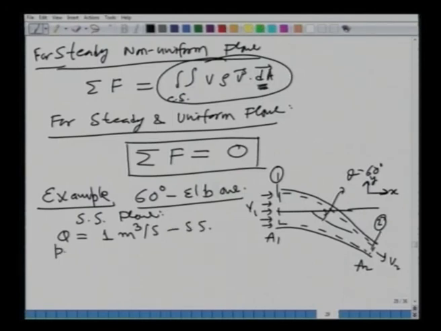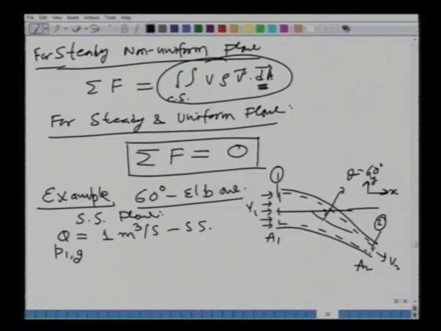Other thing that is given to you is P1 G, which is the pressure acting at cross section 1, 0.1 million pascals. Also given to you is the pressure at cross section 2. G is the gauge pressure, that is above atmospheric, I am sure all of you understand this terminology. So, this is 0.09 million pascals. So, these two pressures are given.